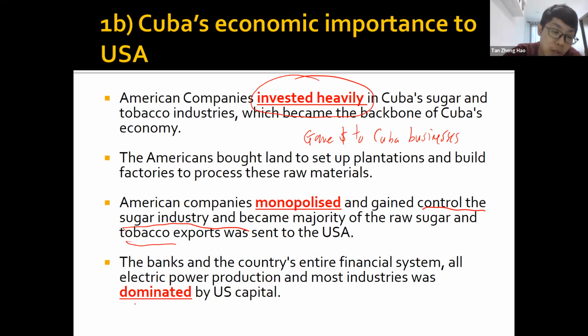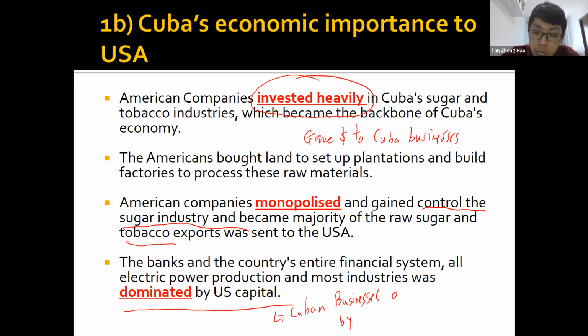And this phrase about being dominated by US capital, what does that mean? It basically means a lot of Cuban businesses were owned or controlled by the US. They were owned by American businessmen, and maybe even the US government has an interest in some of the Cuban businesses.